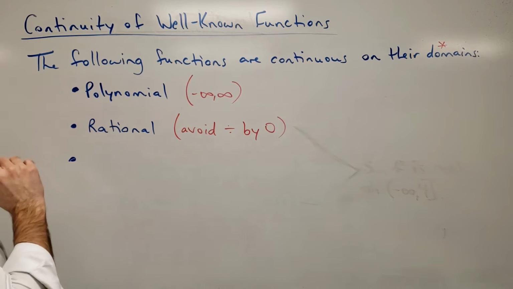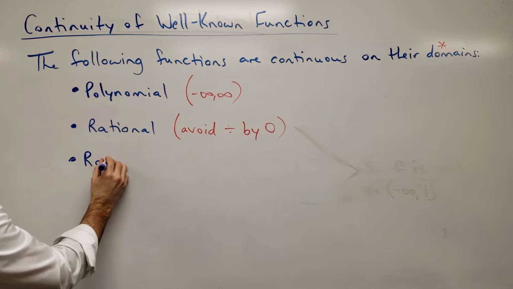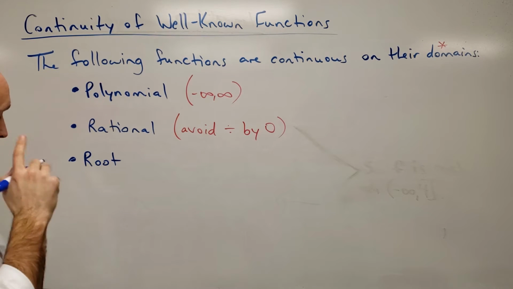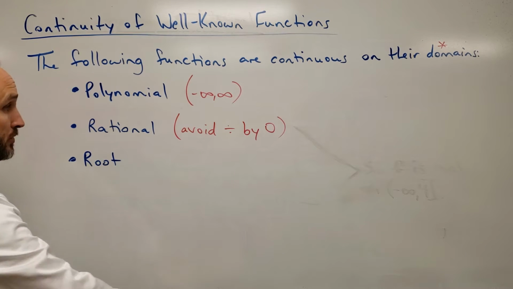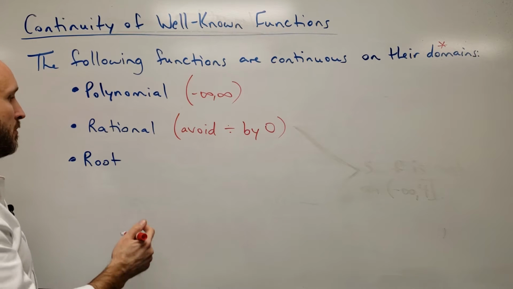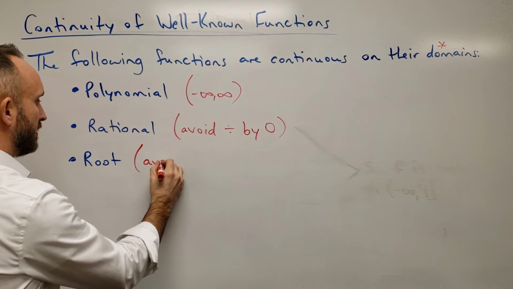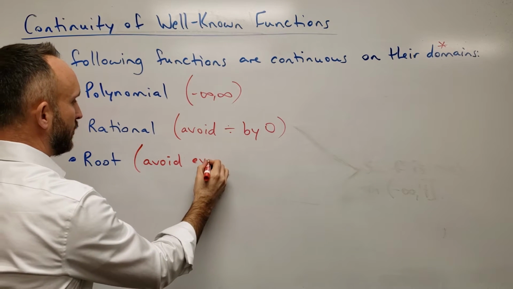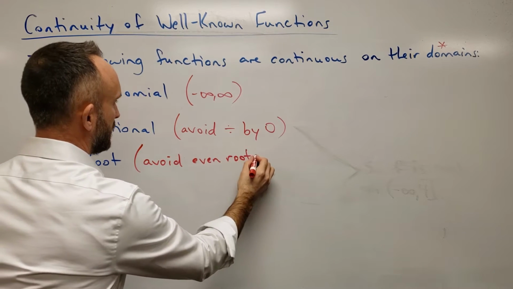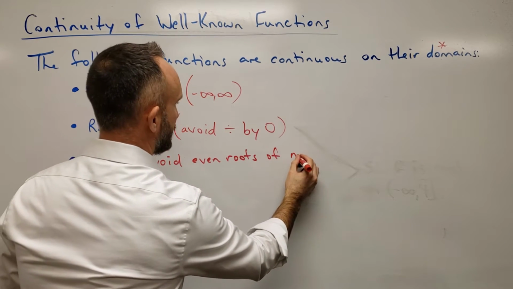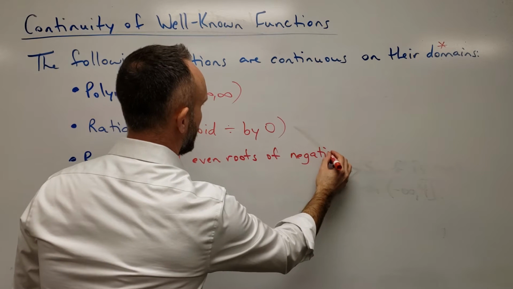All right. Next, how about root functions? Square roots, cube roots, etc. Roots are pretty easy to work with, but you do have to avoid even roots of negative numbers.